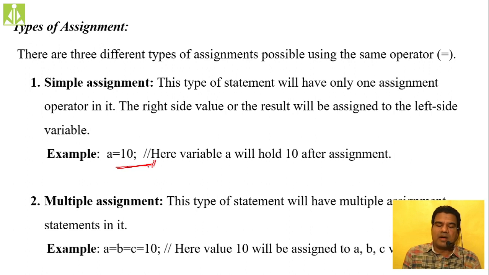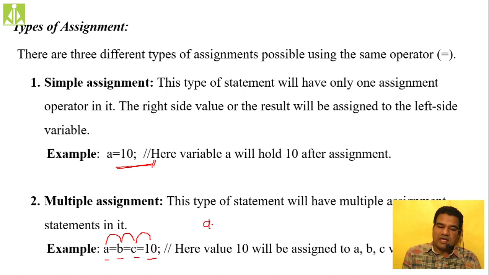There is another assignment category, that is multiple assignment, and over here you can see a equals to b equals to c equals to 10. What will happen is this 10 value will be stored inside c as well as inside b as well as inside a. After this expression, all my variables a, b, c will hold 10. Using a single statement, we are assigning this 10 to all these operands just by using the assignment operator multiple times.